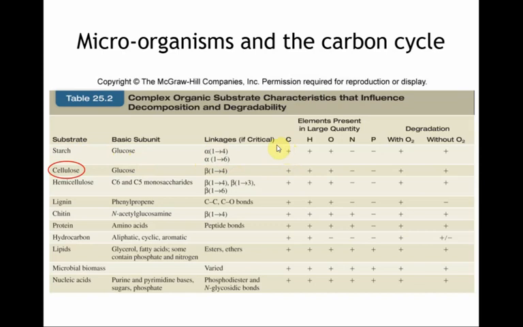However, cellulose, it's a different question. So basically no animal has got enzymes that can break down this beta 1 to 4 linkage between the glucose molecules in cellulose. So herbivores rely on their gut bacteria to do this for them.